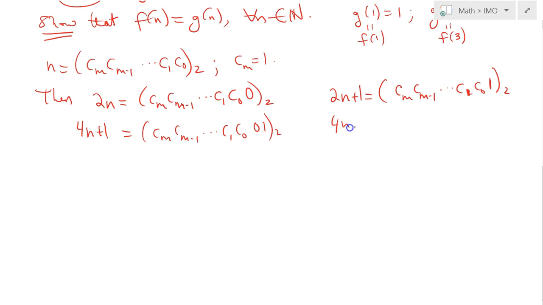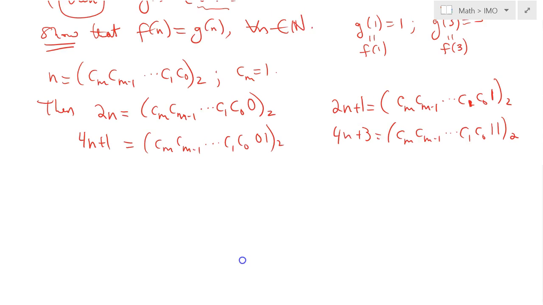And finally 4n plus 3, the same thing, C_m, C_{m-1}, ..., C_1, C_0, and then 0, 0, but adding 3 is adding 1, 1, which is just 1, 1 in binary.